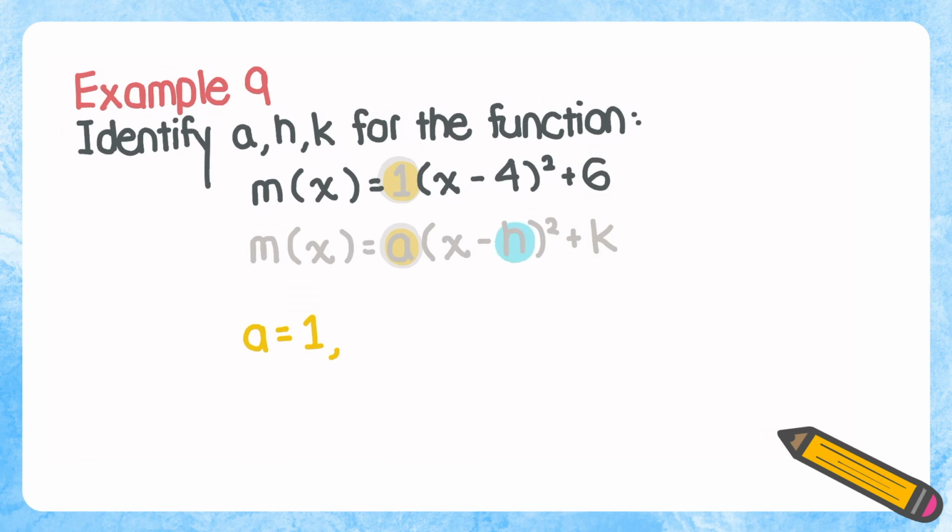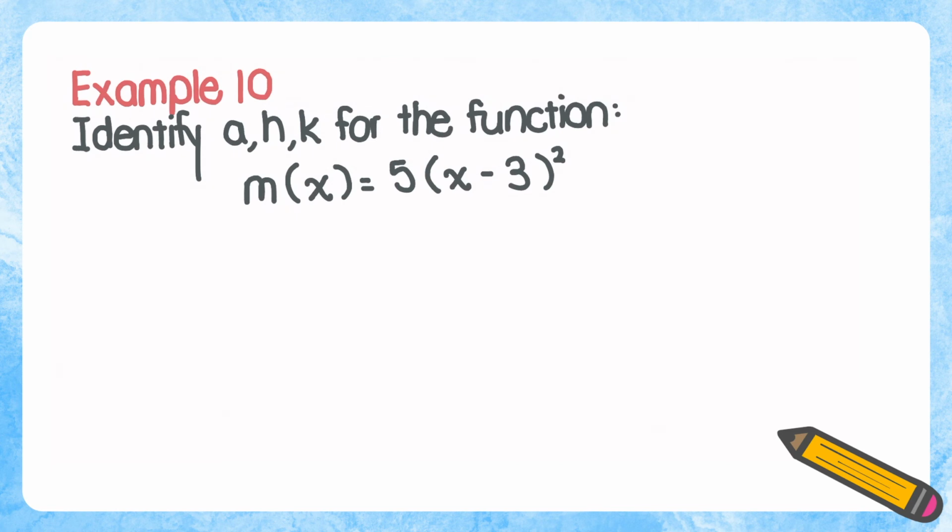H is replaced by 4, so h equals 4. And lastly, k is replaced by 6, so k equals 6. In this case, a equals 1, h equals 4, and k equals 6. In this case, a was an invisible 1.